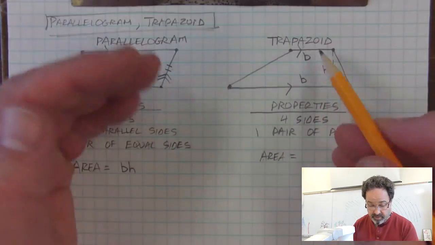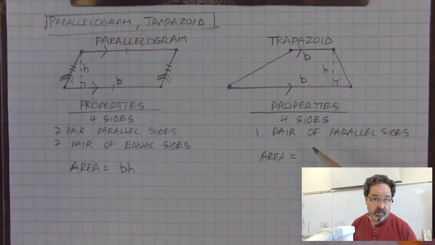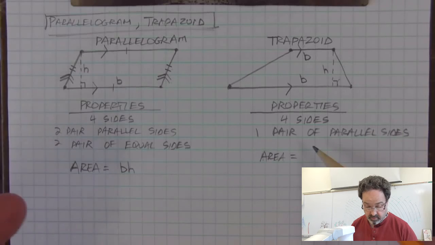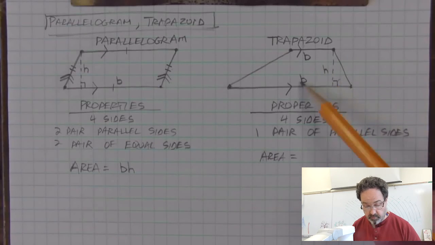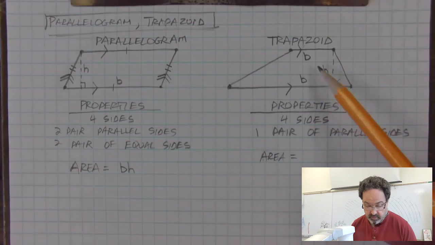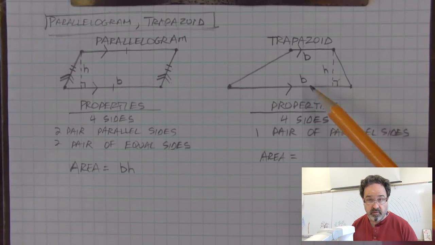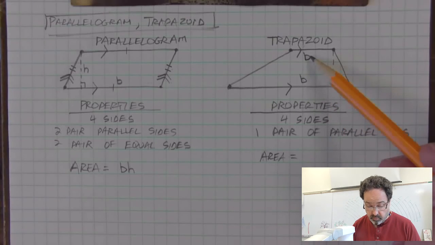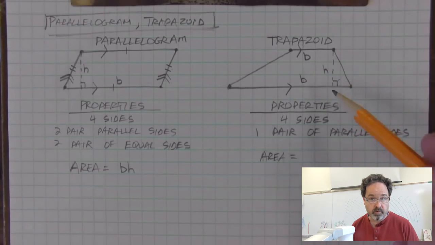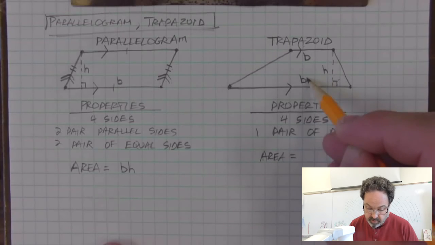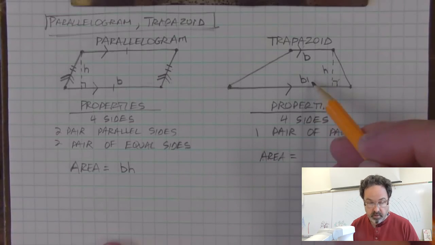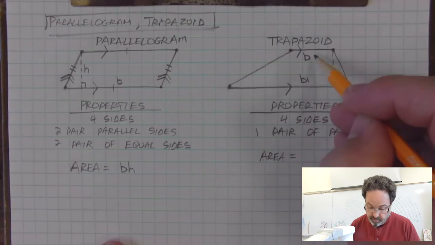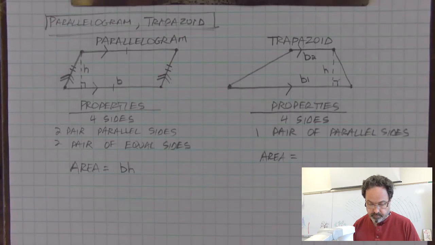In fact, we can consider a trapezoid as having two bases. We can't use the same symbol, B, for base because these sides do not have the same measure. We can't use the same variable because it would suggest that they have the same measure. We're going to modify and call one of these B1 and the other parallel side B2.